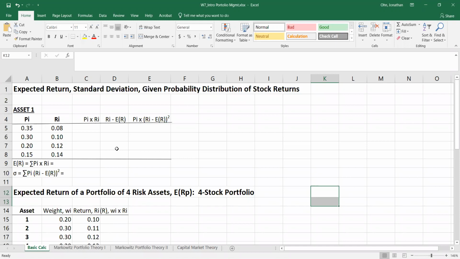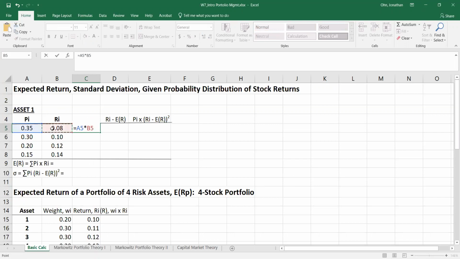When the probability distribution of stock returns is given, we are interested in getting an expected return and standard deviation as a measure of average return and the risk level. The expected return is the weighted average of each possible return. So P times R, let's do that.